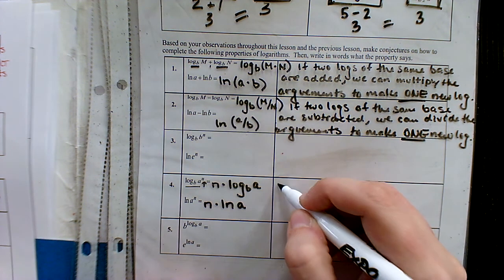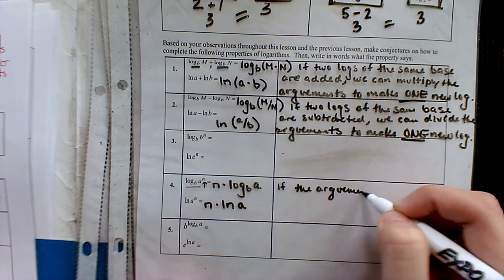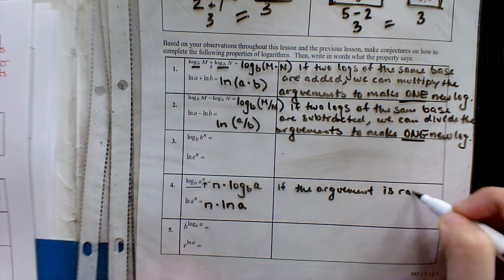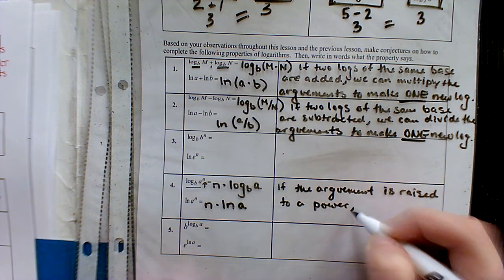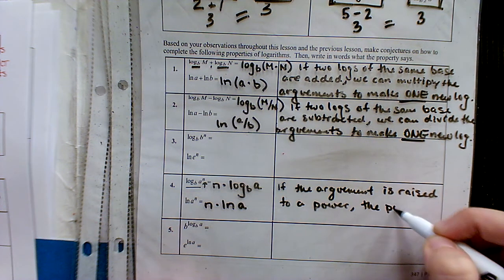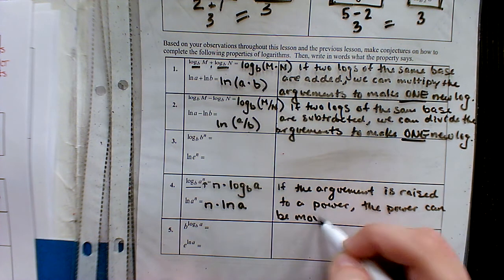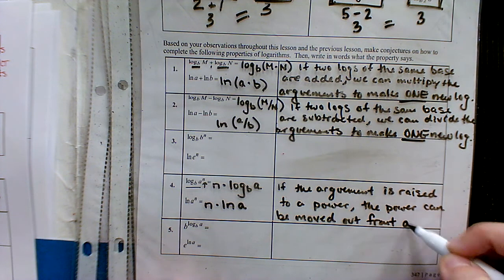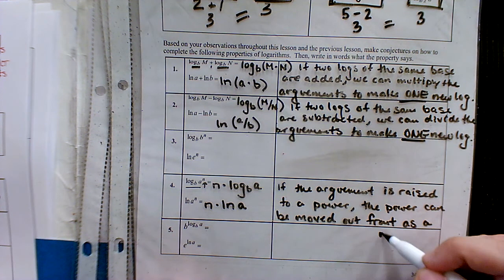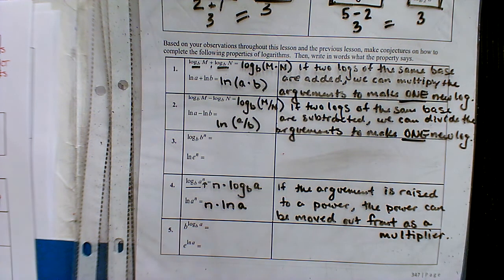So in words, we'll say if the argument is raised to a power, the power can be moved out front as a multiplier or coefficient, whatever wording you want to use.